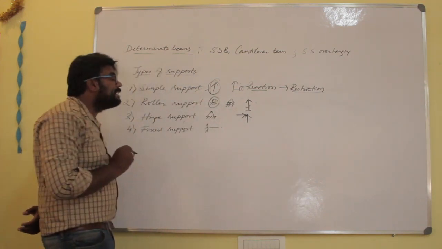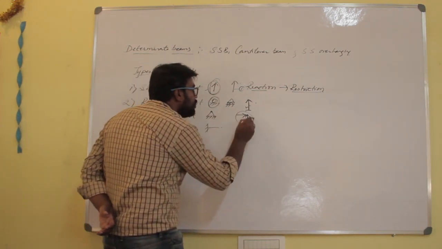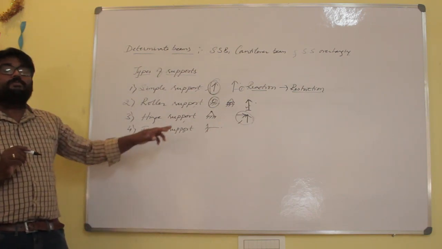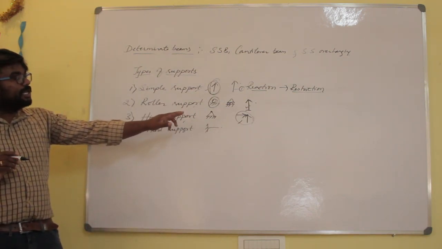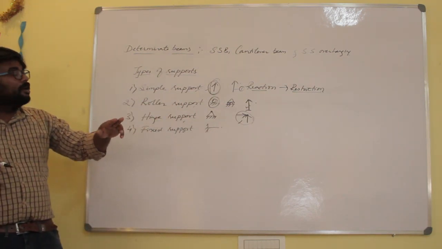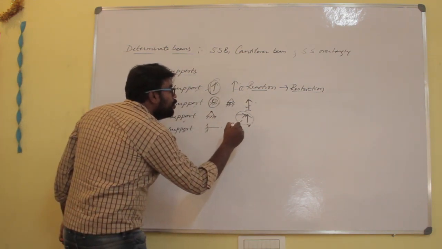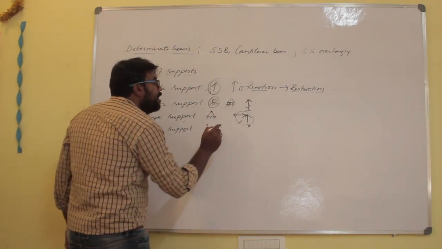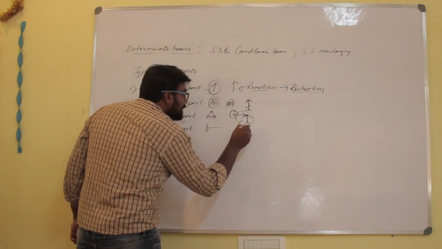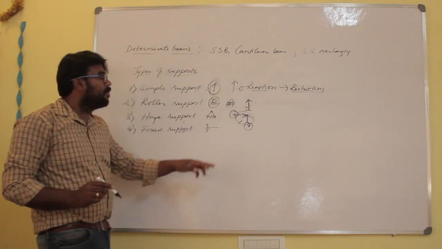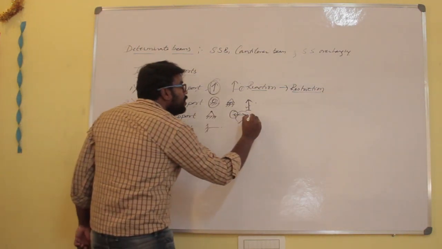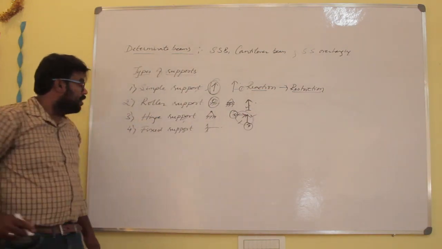The best example for a hinge support is the support provided for a door, which allows only rotation and does not allow vertical or horizontal movement. If movement is restricted, then only a reaction will develop. Therefore, we have two reactions for a hinge support.